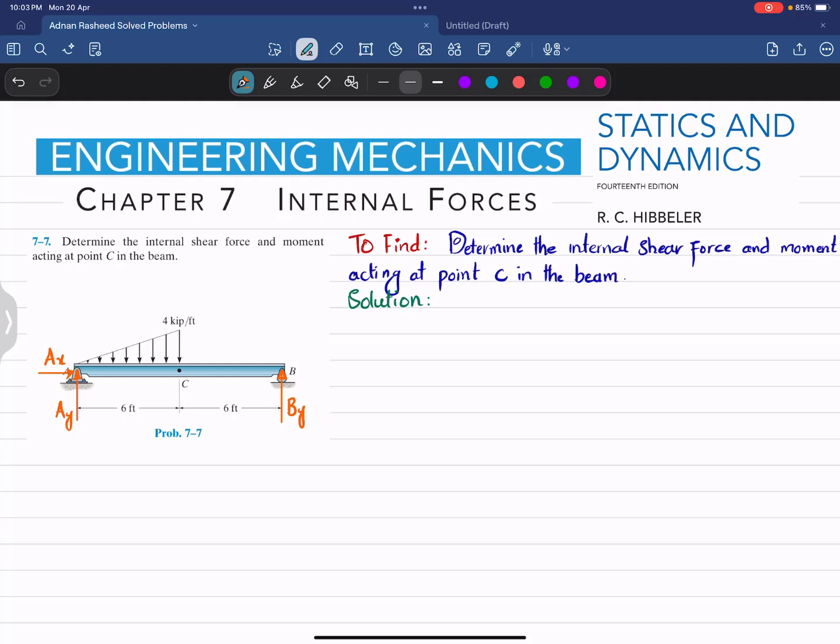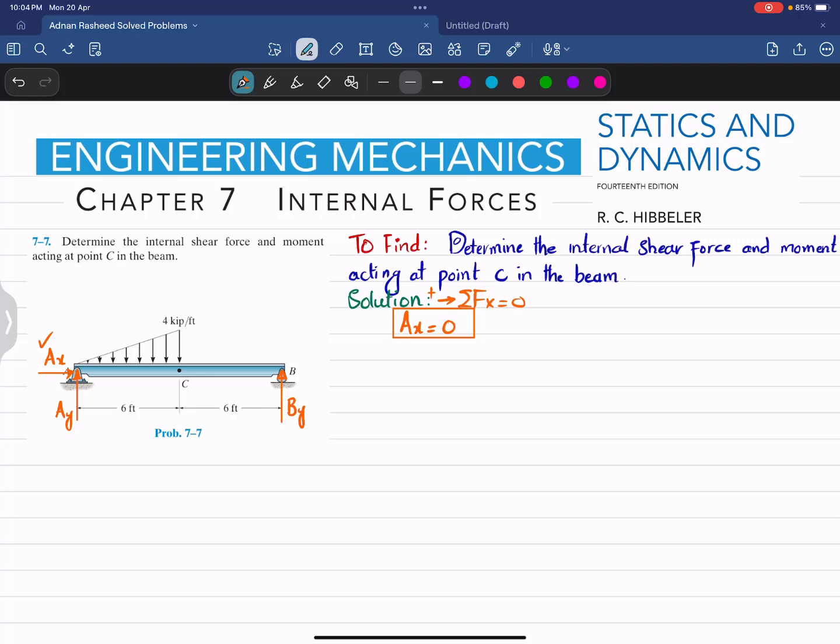For that I will apply the first equation of equilibrium: the sum of all forces along the x direction must be equal to 0, with force toward the right-hand side positive. As there is only one horizontal force, AX, it means that AX is equal to 0.